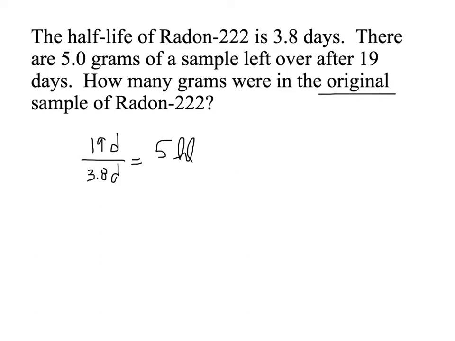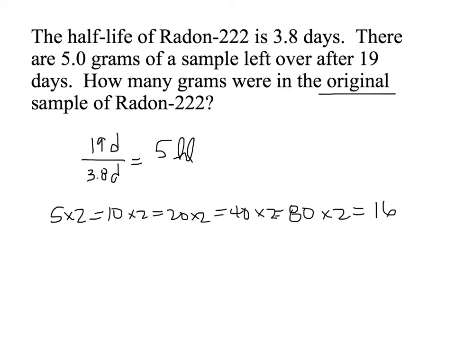Well, in order to do that, instead of halving 5 times, what I'm going to have to do is double it 5 times. So I'm going to take 5 and double it, so that would be 10, and then double that, which would give me 20, double that, which would give me 40, and doubling 40 would give me 80, and then doubling 80 would give me 160.